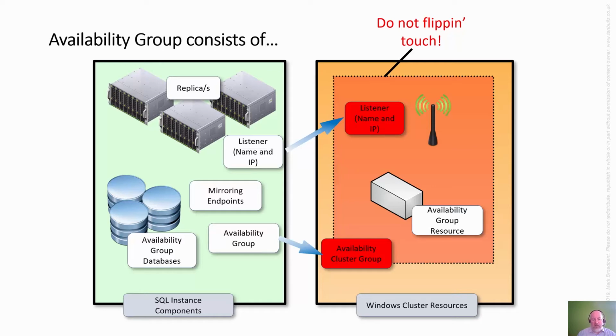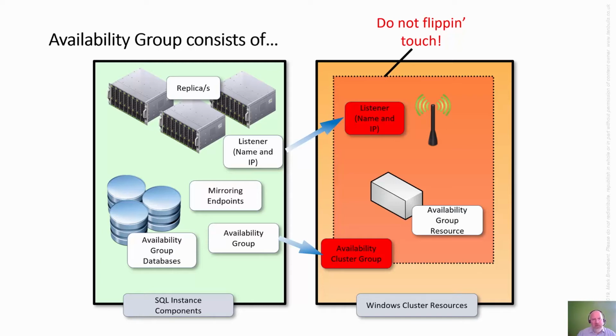Depending on what version of SQL Server you're using, the number of replicas that you can have will depend. Your primary replica is called the primary replica, and it may not be any surprise to you that the others are called secondary replicas.